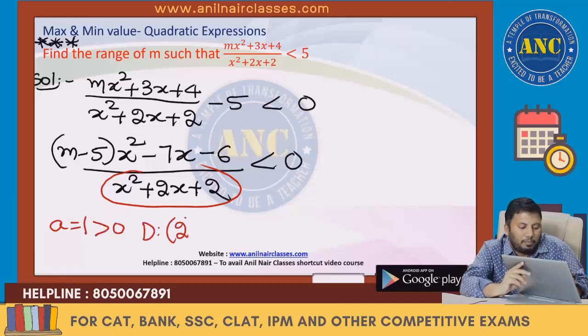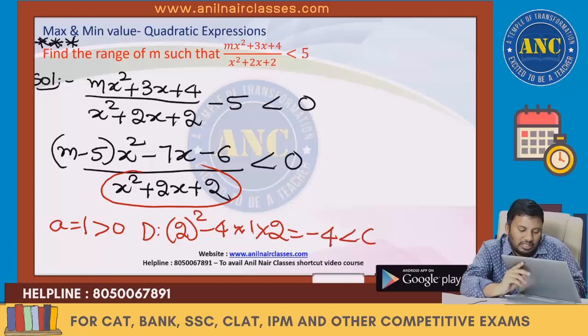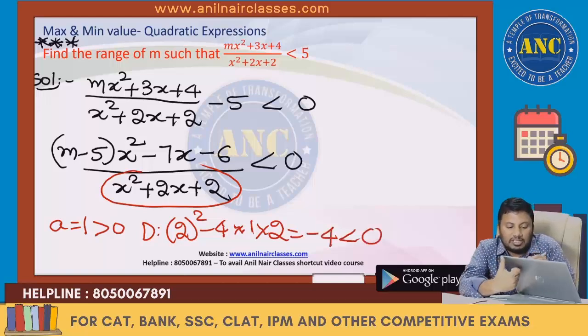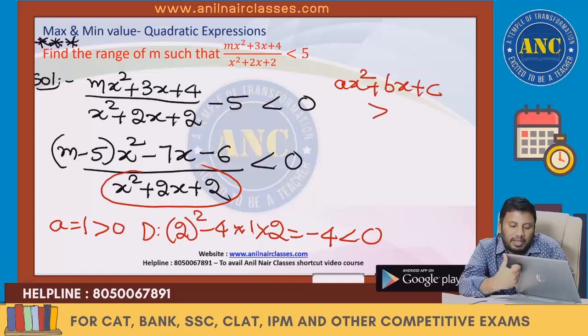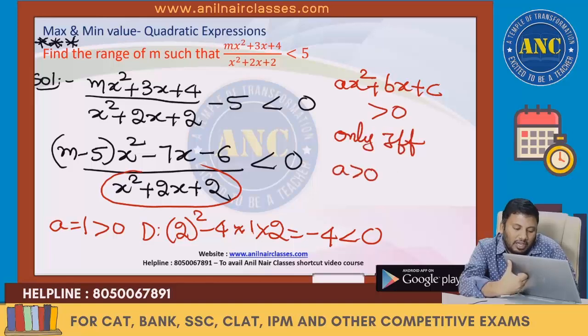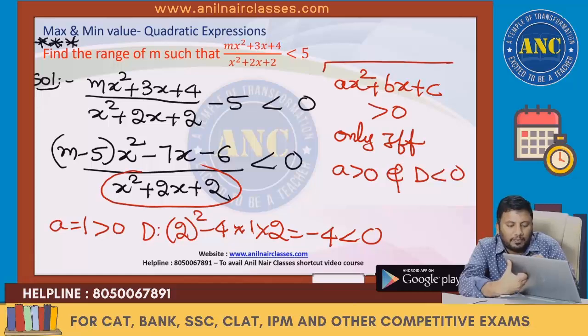Discriminant b square minus 4ac, 4 minus 8, is minus 4, which is less than 0. What did we discuss? Ax square plus bx plus c will be greater than 0 only if a is greater than 0 and D is less than 0. This is the beauty of that concept.